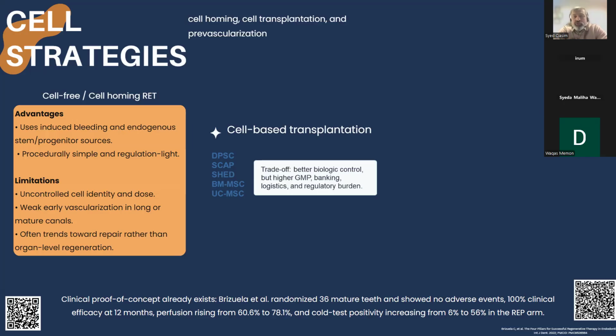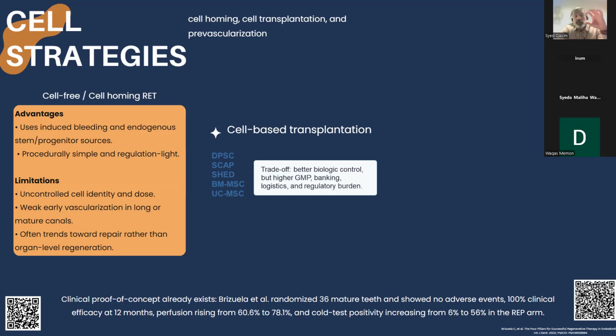So the phase 1 and phase 2 trial that Brizuela did used allogeneic umbilical cord and plasma-derived biomaterial, and they used it for mature teeth with apical lesions. Right? So this trial was a game changer, as I said. It was a landmark.